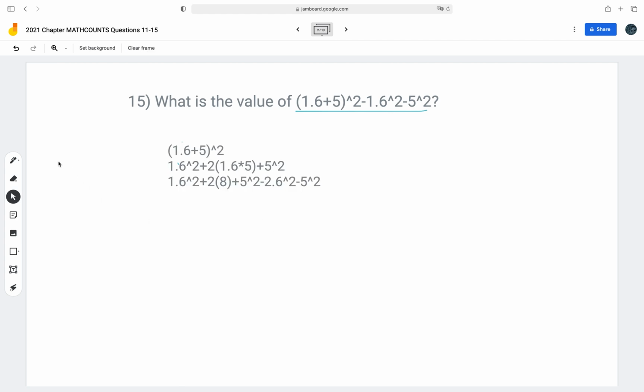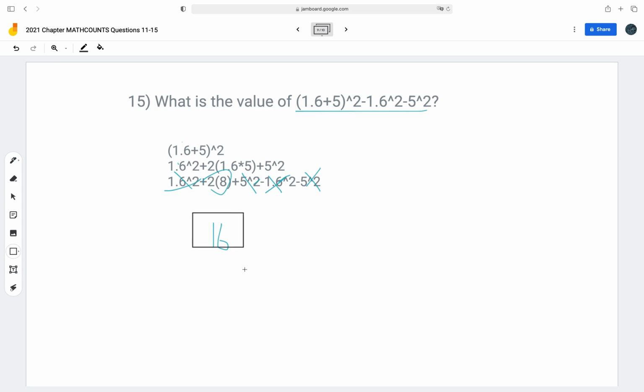So as you can see, we have positive and negative 1.6 squared. So we don't even have to calculate that, which is great. And we have positive 5 squared and negative 5 squared. So all we have left is 2 times 8, which is 16.